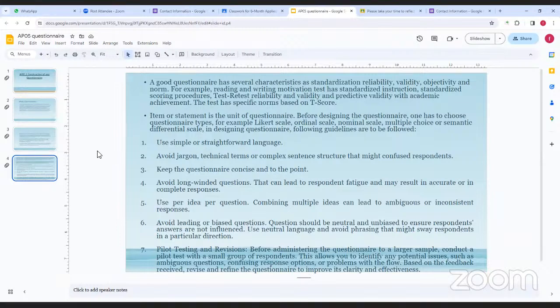After that, you will use that questionnaire. And whenever you interpret the data, you always consider these psychometric properties of the questionnaire. So this is the most important part for construction of the questionnaire and for checking the questionnaire.